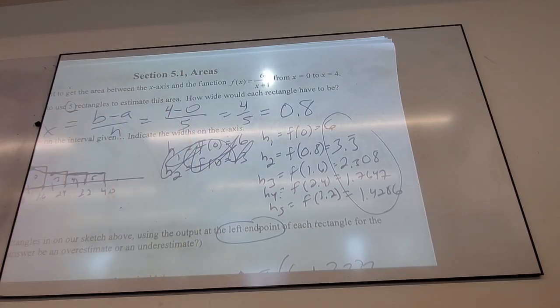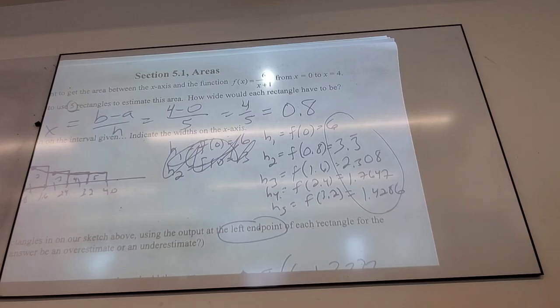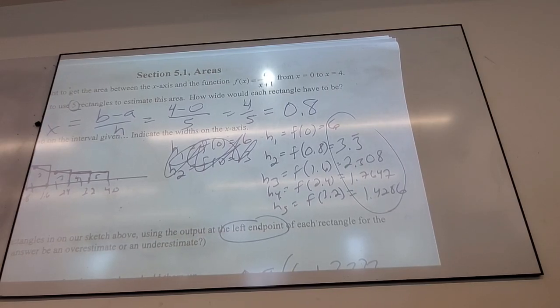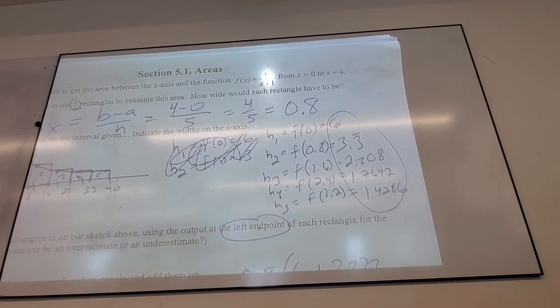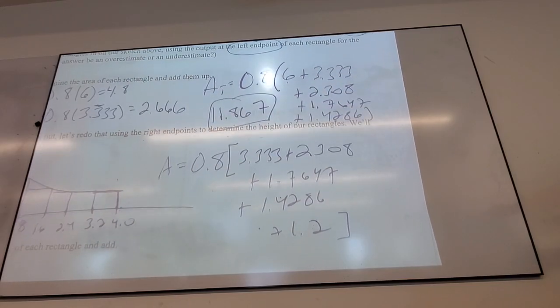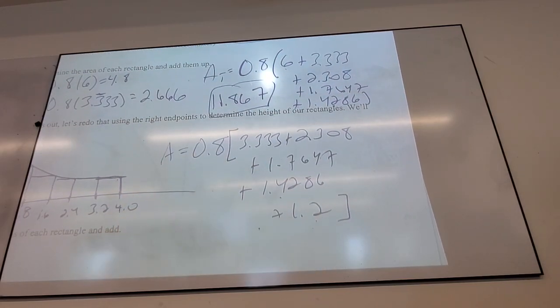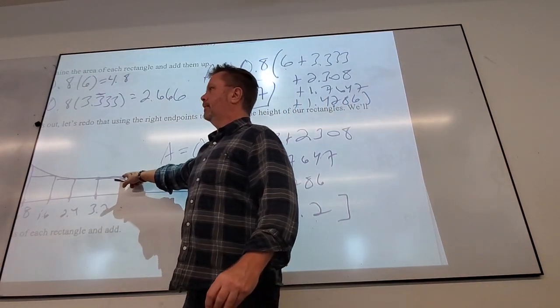So now the area is going to be my width times 3.333 plus 2.308 plus 1.7647 plus 1.4286 plus 1.2. So I don't use the first height from before, but I do include the last input because now it establishes how tall the last rectangle is.